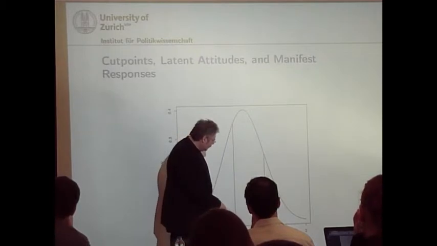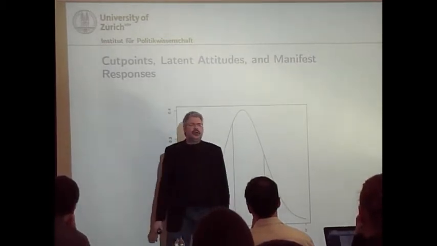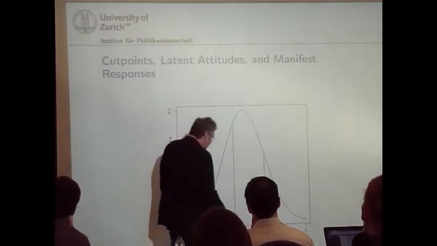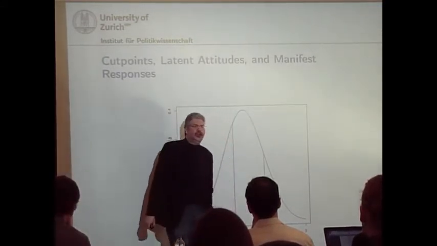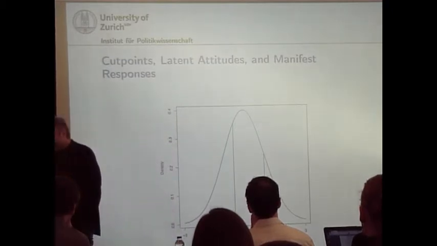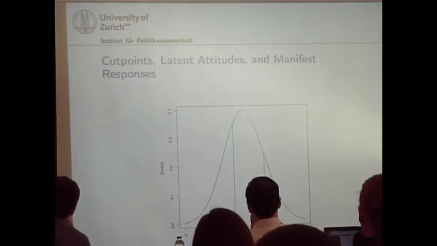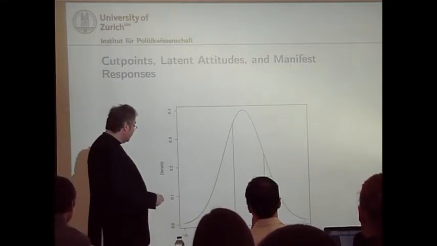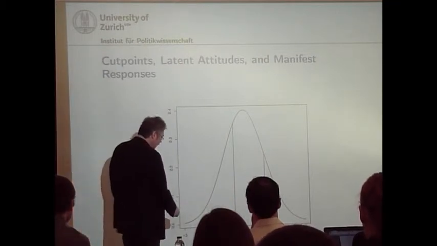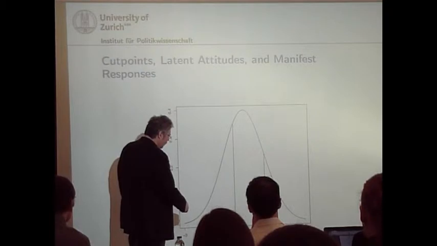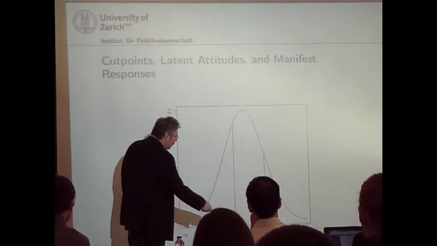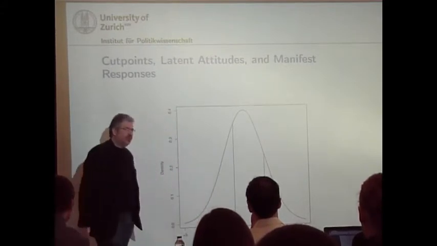If you fall short of kappa 2, then you will say, well, I'm neutral towards the statement. And if your latent attitude exceeds kappa 2, that is, you're fairly enthusiastic about Labour making your life better, then you will say, okay, I agree with the statement. That's the idea. So below kappa 1 we get response 1, between kappa 1 and kappa 2 we get response 2, and beyond kappa 2 we get response 3.